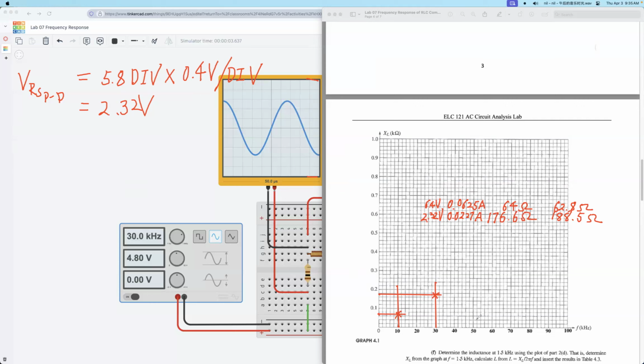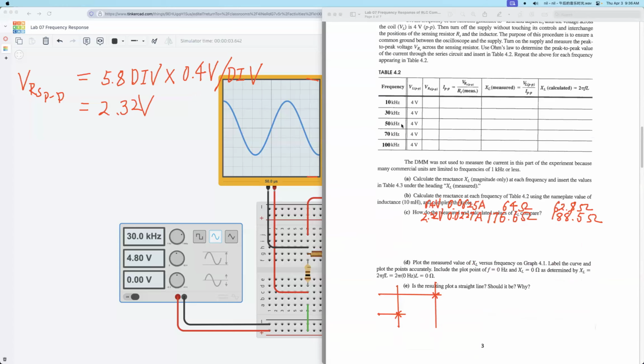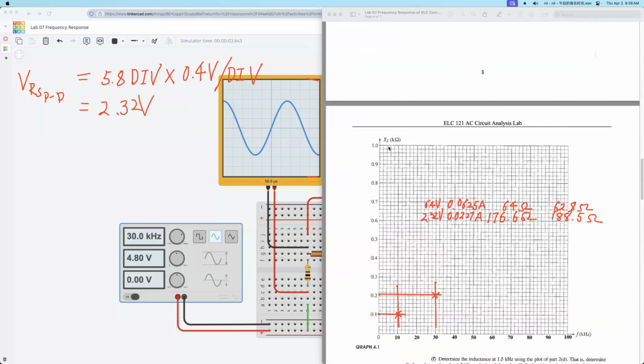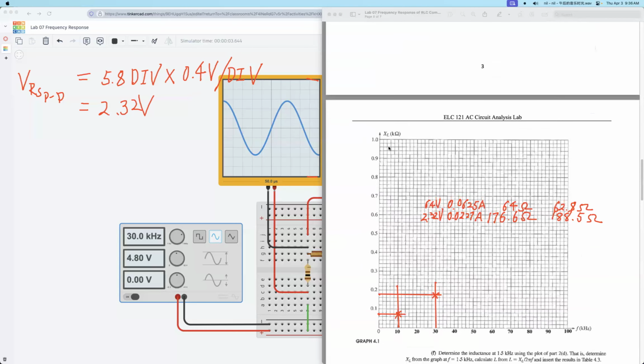Then for the remaining ones, you can get the other numbers, maybe 50, 60. I think the last one is 100. Let me double check. Oh, 10, 30, 50, 70, 100. So then 50, 70, 100.